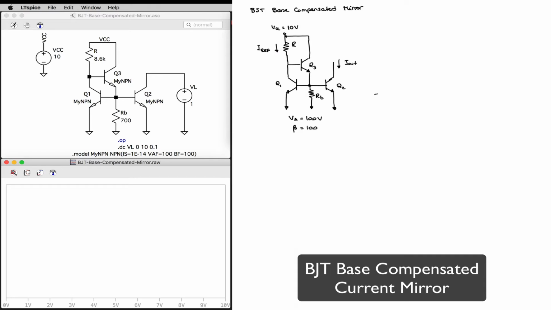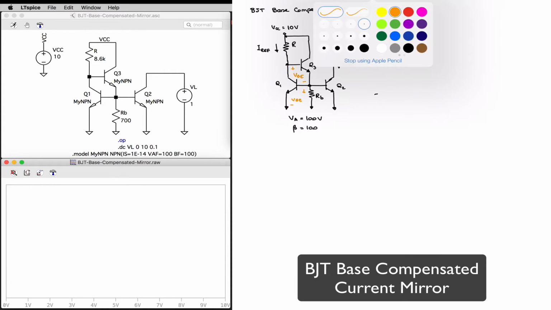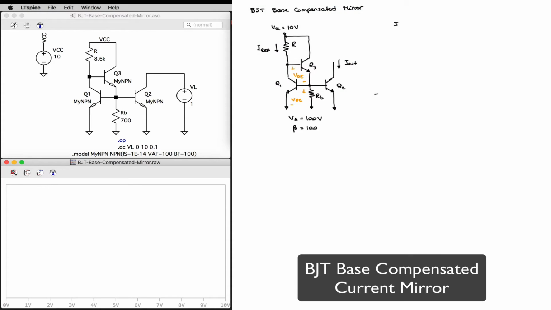Notice that in this case, I have 2 VBE drops from ground to the lower terminal of resistor R, the reference resistor, and therefore my expression for IREF is going to be equal to VCC minus 2 VBE divided by R.